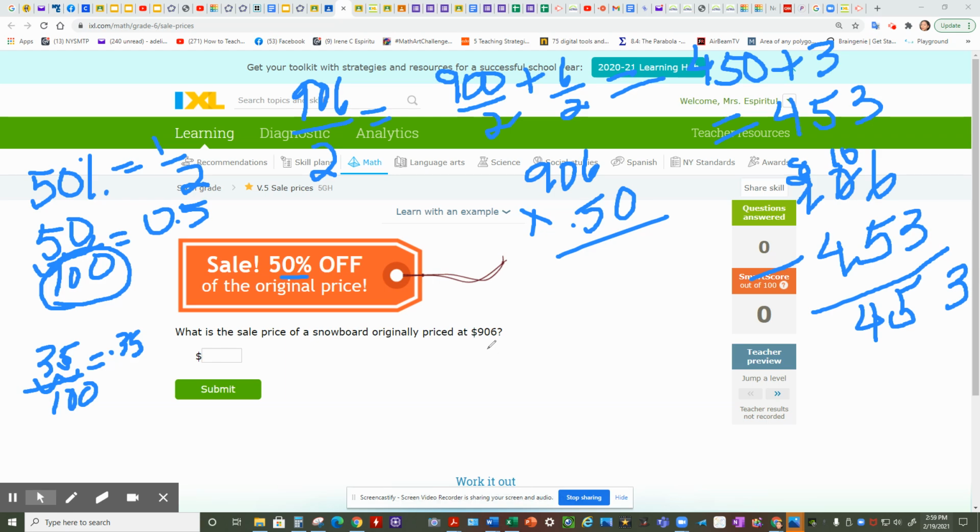So when you are getting a discount of the original price, all you need to do is multiply the percent by the original price, like this one. Okay, so if I multiply 0.50 by 906, this is the conventional way of solving it.